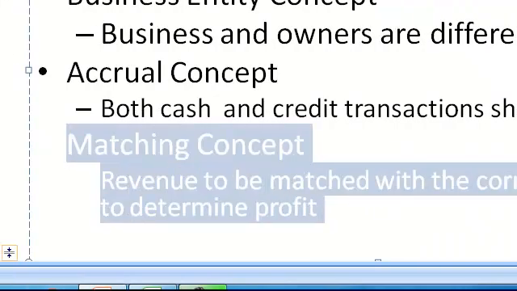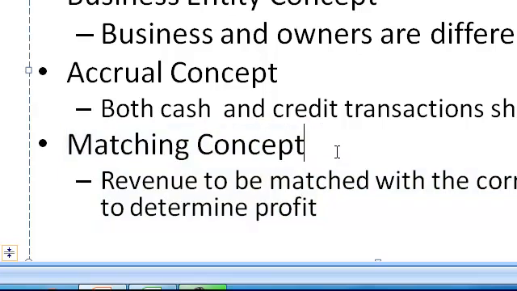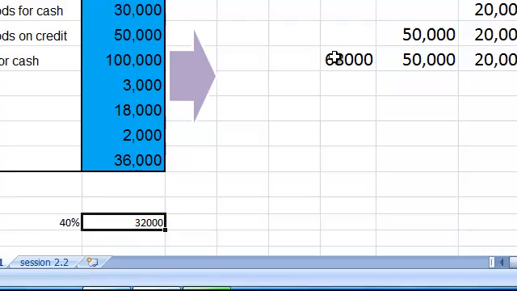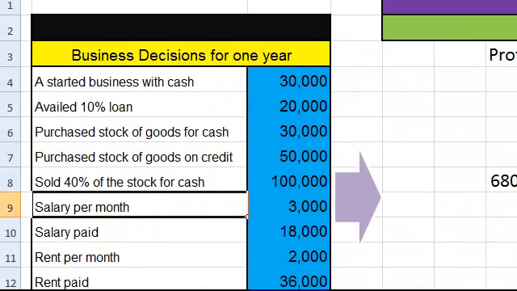The matching concept says that the revenue should be matched with a corresponding cost to determine the profit. So profit is equal to 100,000 minus 32,000. So therefore profit is 68,000.